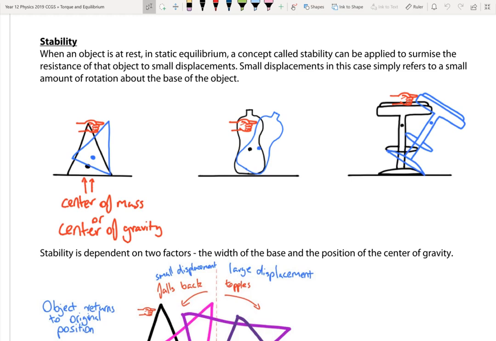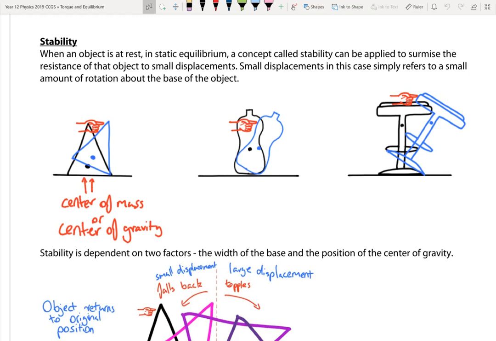Okay? We want to look at stability. Stability is basically referring to the resistance that an object has to toppling, or if you gave it a small displacement, would it fall back to its base or would it topple and crash? Okay?